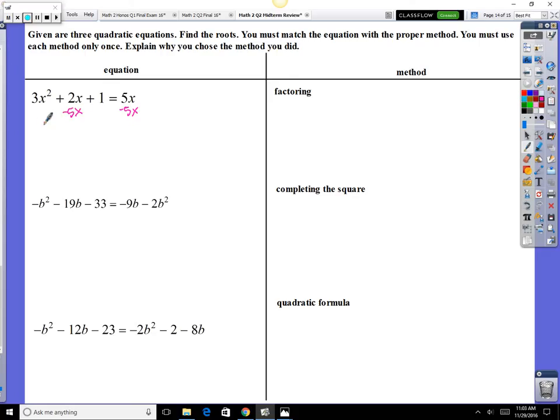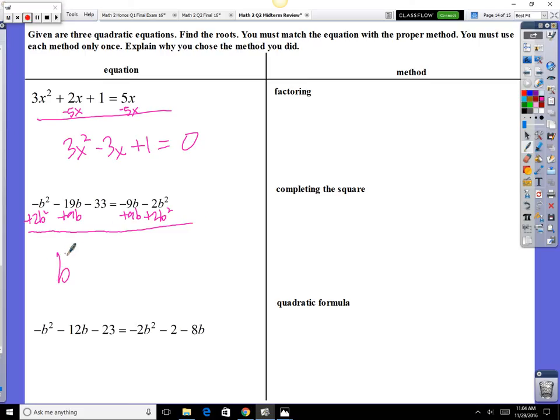So I'm going to move the -5x. So the first one, you should have 3x squared minus 3x plus 1 is 0. The middle one, you got to move 2 terms over, so you got a plus 9b and a plus the 2b squared. So the middle one, after you move everything over, you should have b squared minus 10b minus 33 is 0.